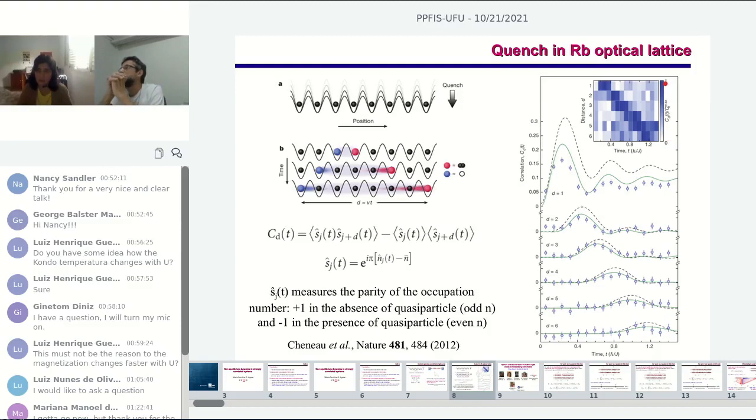So the color here refers to the correlation as a function of distance and time, and then I hope you are convinced that we have an effective light cone in this case. Since this was an experimental result, we used this as a motivation for our theoretical work.